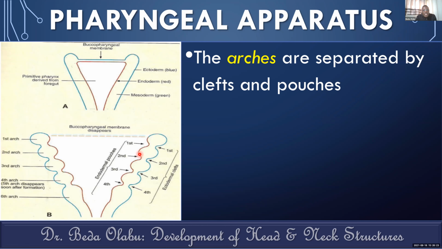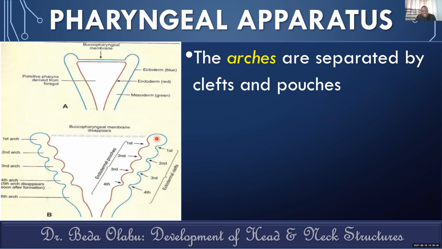Having understood that, therefore, we can see that between one arch and another one, there's some narrowing. So those narrowings have different names, and I want to now clarify the names.